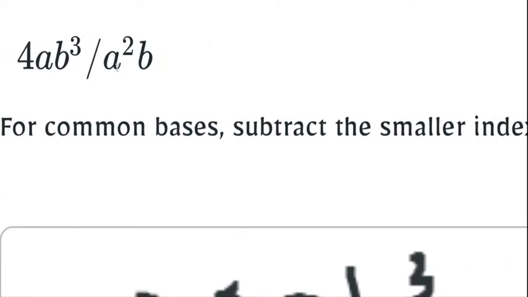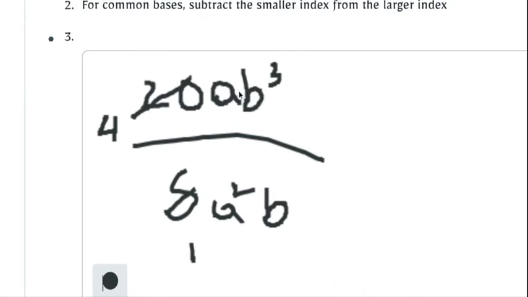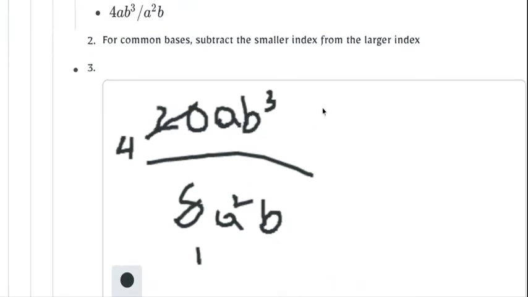What power is the A in the other fraction raised to? A squared. And the last one, what power is the B in the second fraction raised to? B1. So now we're going to do something with those bases. We subtract the smaller power from the larger.